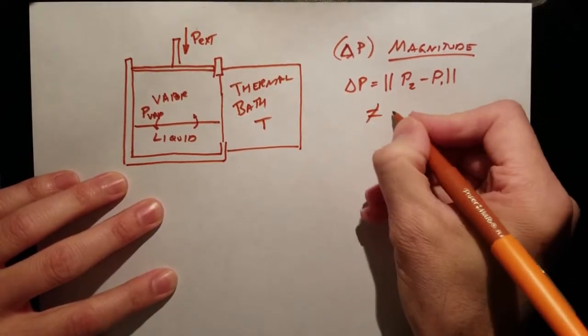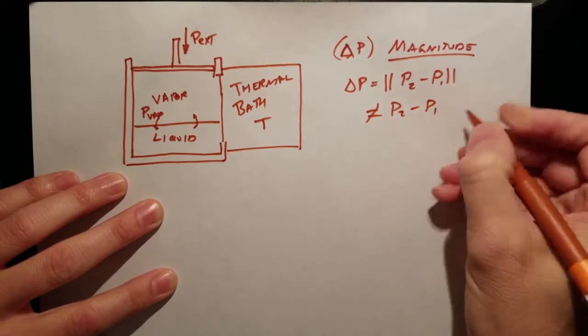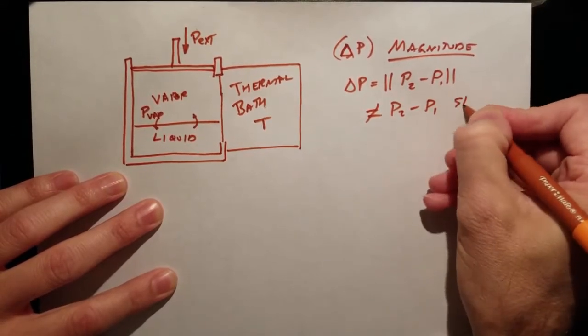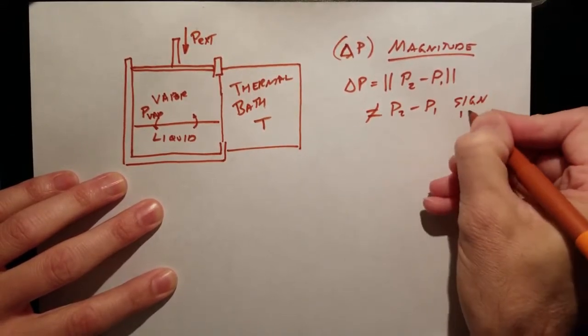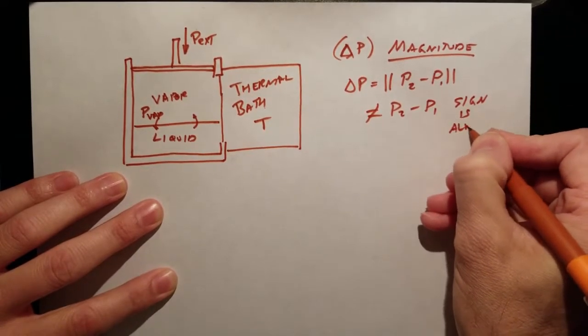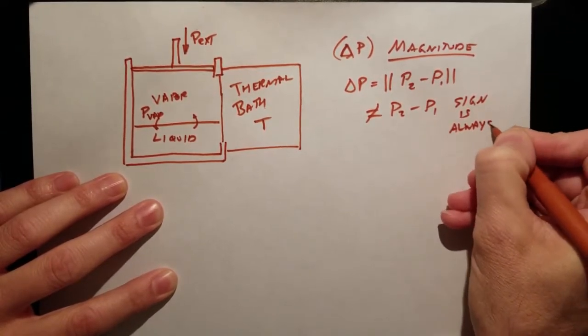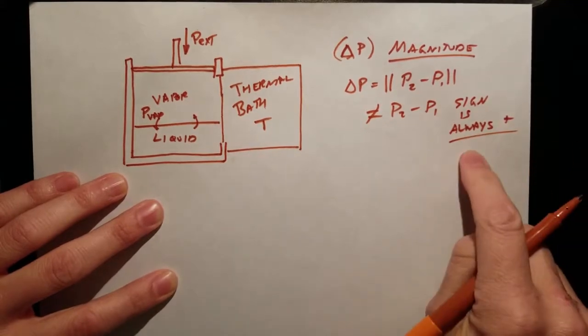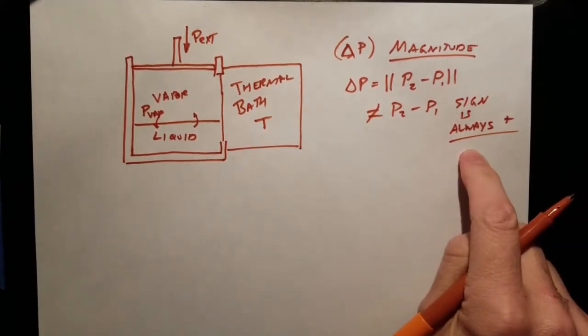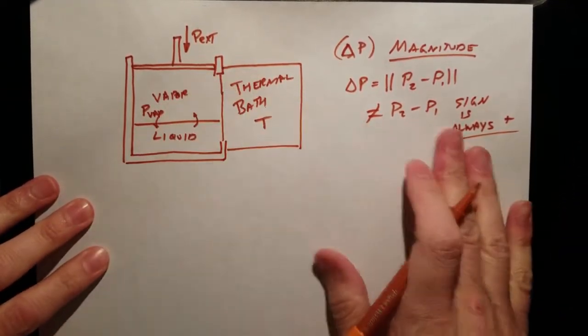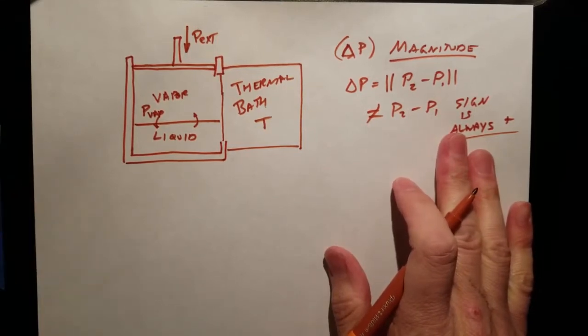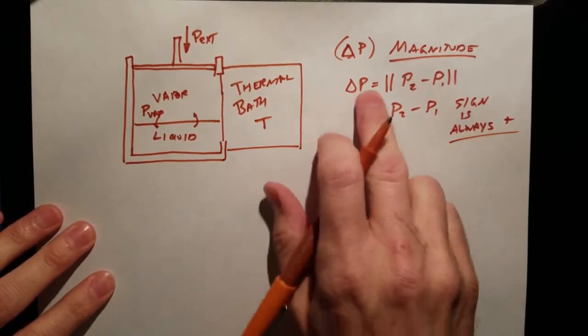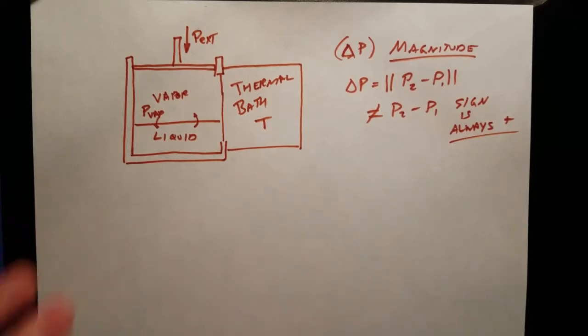It is not equal to P2 minus P1. The sign is always positive. And what's important about that is that through the rest of this discussion, we're going to have a positive or negative sign in front of this delta P that specifies if the pressure is increasing or decreasing.